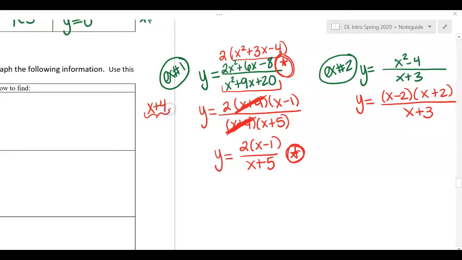This x plus 4 could be made equal to 0 if x was equal to -4. You might think that that's not important, but here's the reason why it's important. If I plug this x value of -4 into the very original equation, so I make all the x's a -4, and I do all the arithmetic in the numerator and in the denominator correctly, what I end up getting is 0 over 0.